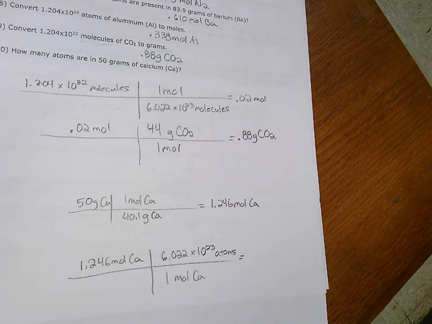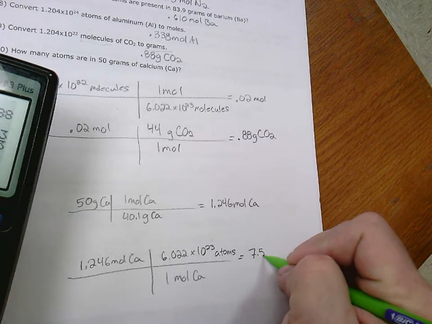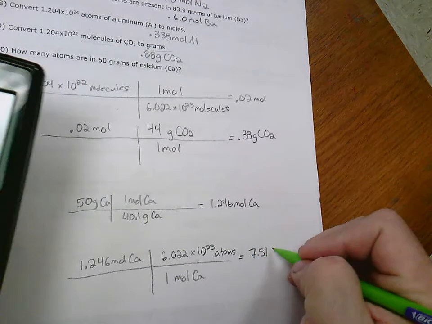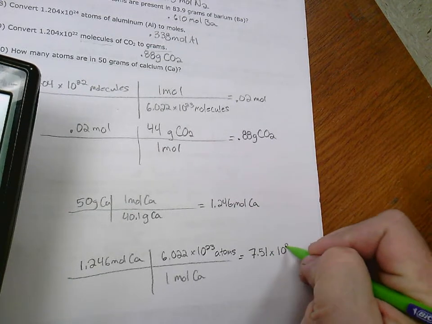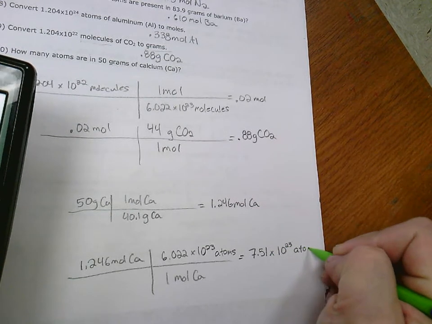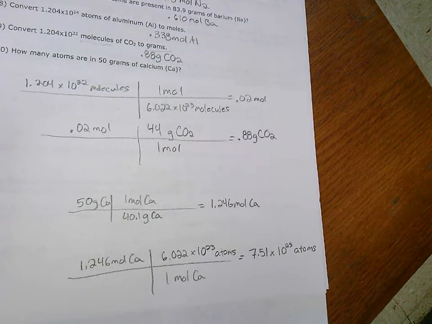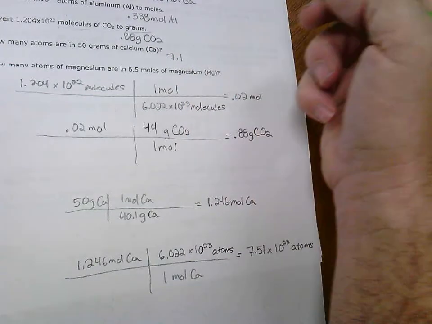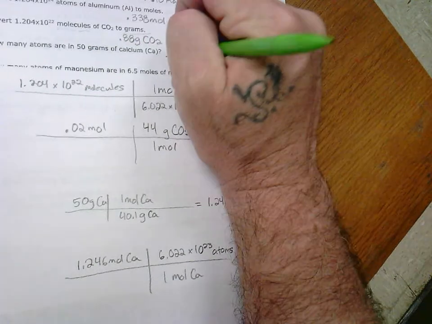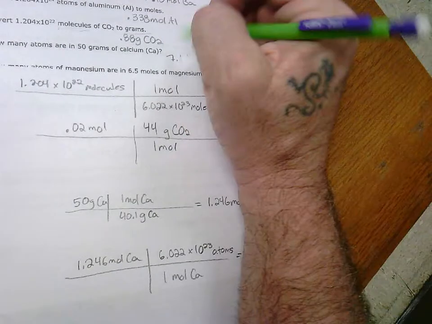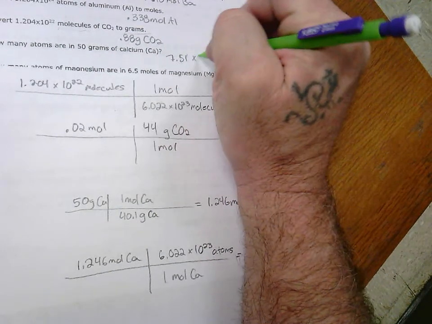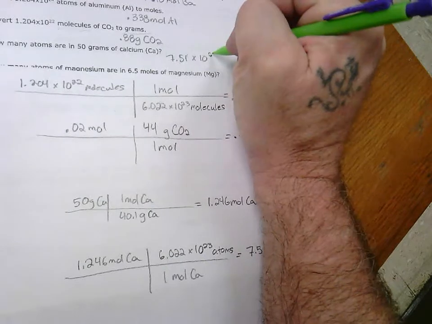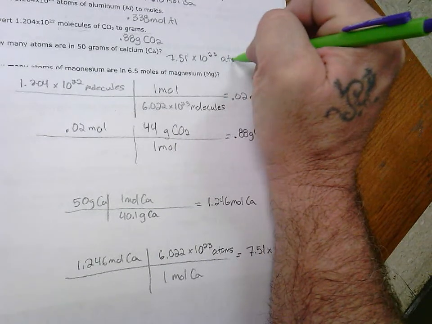That gives us 7.51 times 10 to the 23rd atoms. Oops, try that again. 7.51 times 10 to the 23rd atoms. Okay.